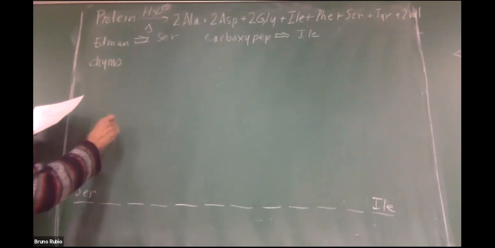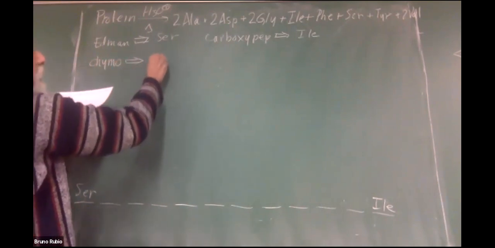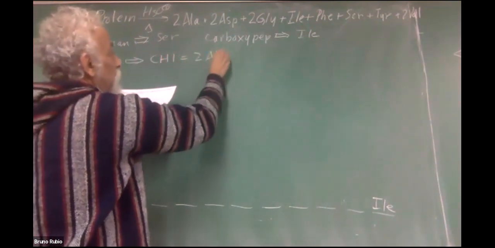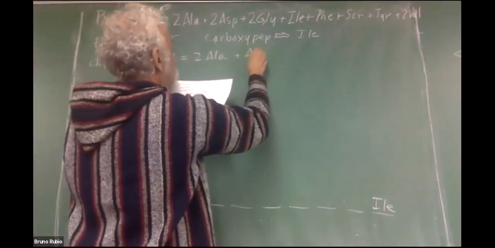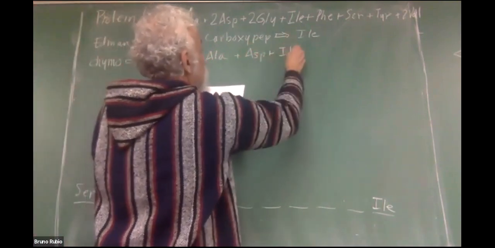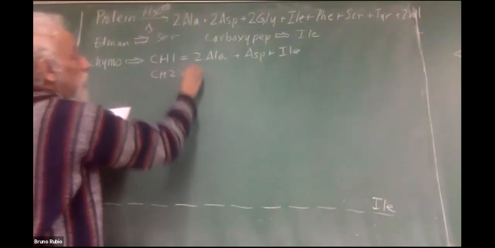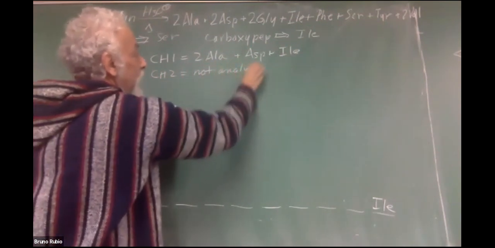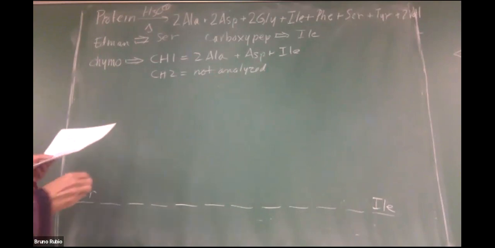Chymotrypsin, we got 3 fragments. CH1 worked out to be 2 alanines, an aspartic acid, and an isoleucine. CH2 was not analyzed, didn't have to, could figure out the primary sequence without it.